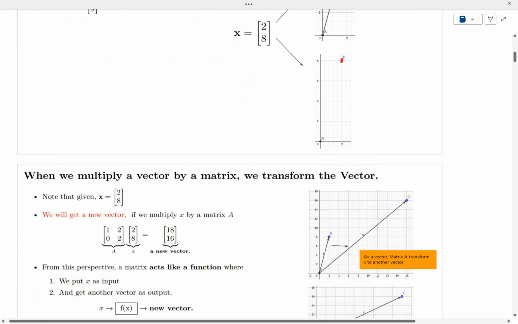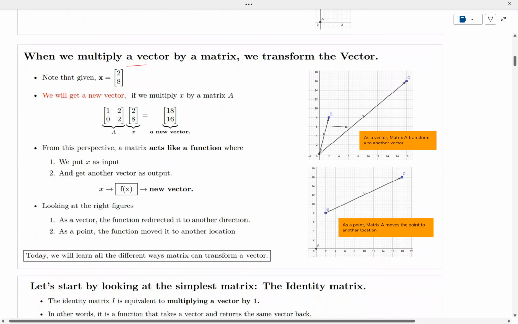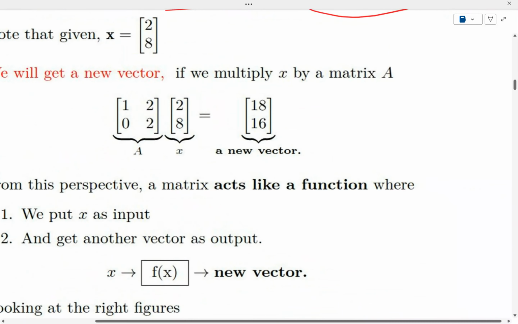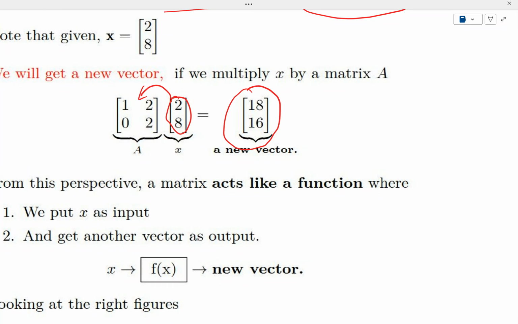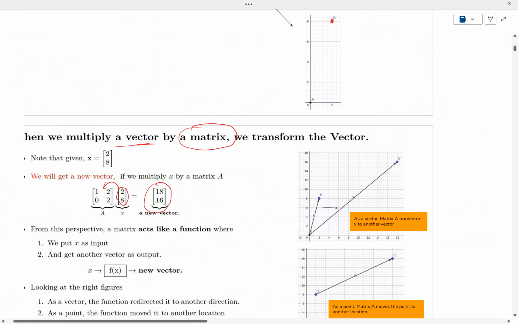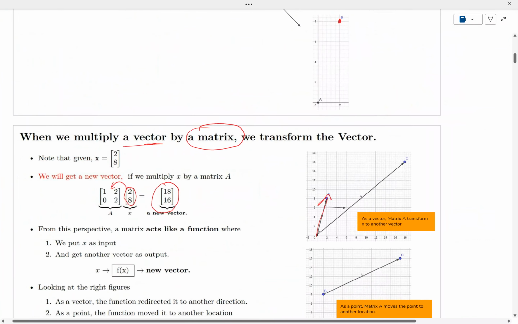Now, when we take a vector and multiply it by a matrix, what we're doing is we're transforming the vector. For example, that was the vector we were just looking at, 2, 8. If we multiply this vector by some kind of matrix and multiply this out, it gives us another vector. So we started off with this vector and we ended up with this vector.